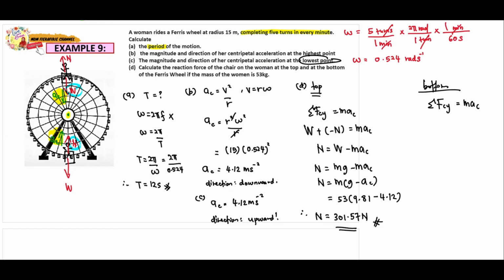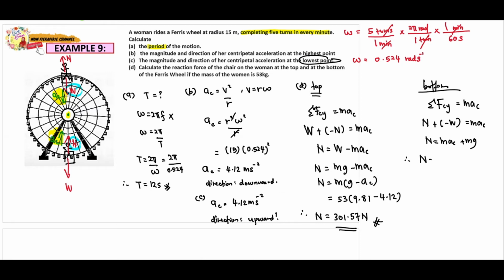Okay, so look at the bottom here, the direction of normal force yang sama direction dengan AC. This time normal force yang positive. Okay, so N is equal to MAC plus mg.